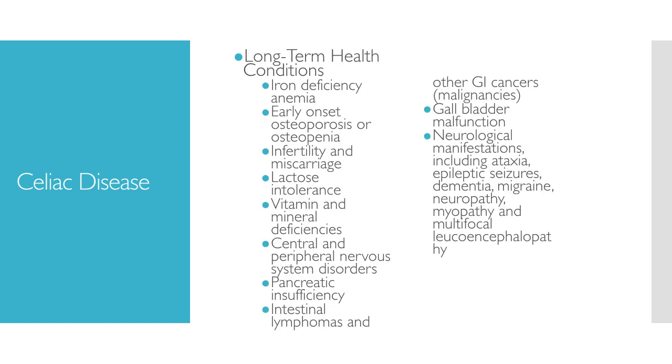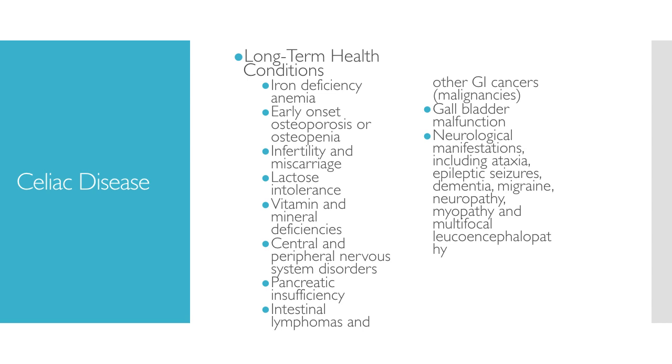There are several long-term health conditions related to celiac disease, including iron deficiency anemia. Obviously, we can get iron from other sources, but we probably get a lot of our iron from fortified breads because that's one of the things that's put into bread. Also, there may be onset of osteoporosis and osteopenia, so they have to be monitored for that.